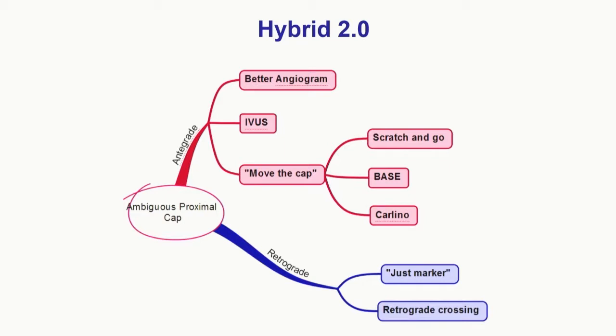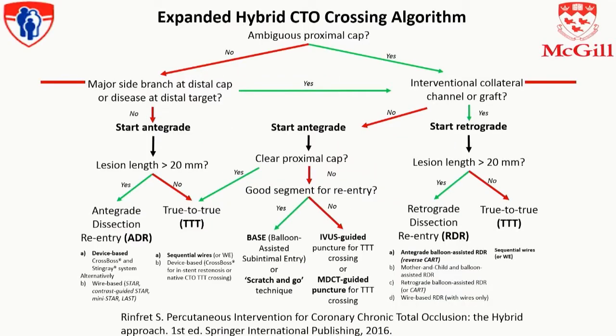There's the hybrid algorithm. But because there's complexity, there are things like ambiguous proximal caps, balloon uncrossable and dilatable lesions, and you can expand it, but if you make it very complex and put everything in one, people can get lost. So you keep the basic hybrid algorithm as the basis of operations, and then for specific subsets, ambiguous cap, uncrossable, and dilatable, you have sub-algorithms to take care of that.